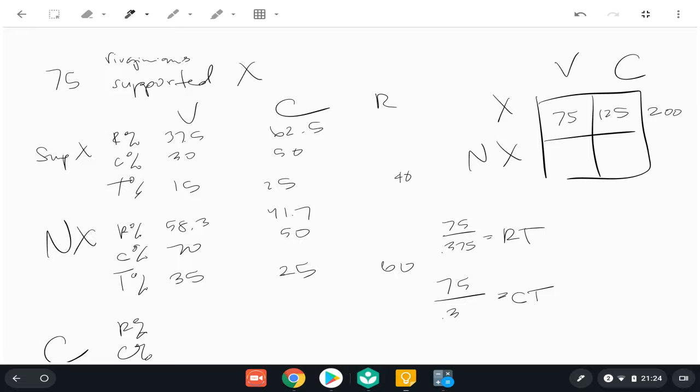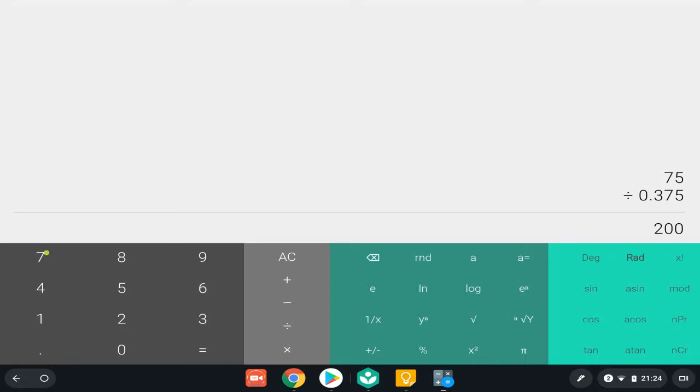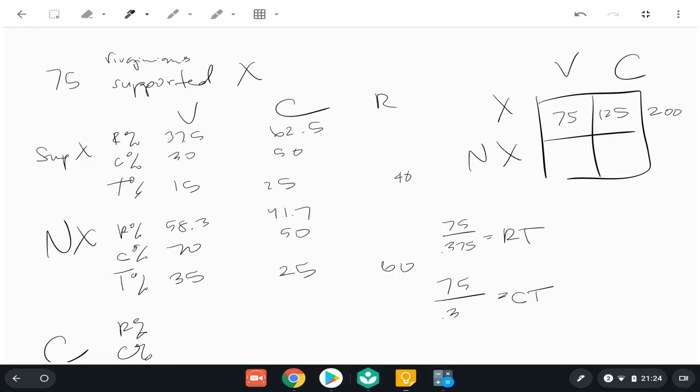So 75 is 30% of the column total. 75 divided by 0.3 is 250. Very clean numbers. 250 minus 75 equals 175.